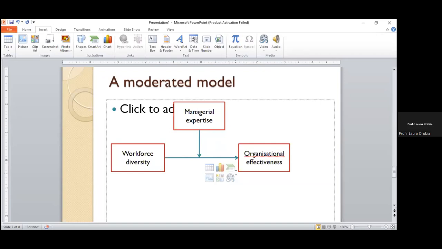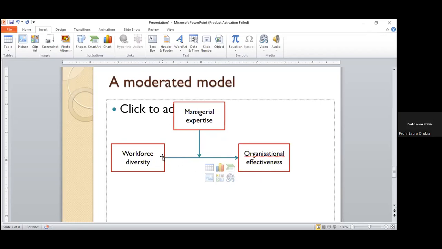However, this relationship can be modified by the existence of managerial expertise. So a moderating effect can either reduce, it can either weaken that relationship between workforce diversity and organizational effectiveness, or strengthen.